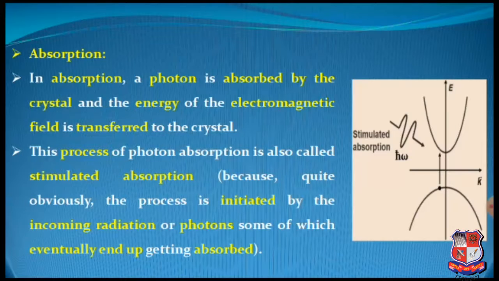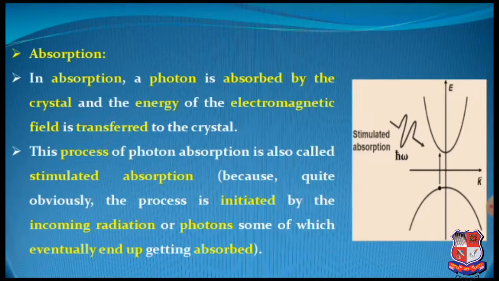Whenever an electron travels from the valence band to the conduction band, remember the material will have the excess amount of energy. This process of photon absorption is also called stimulated absorption. This is very important. The word stimulated absorption is used because the process is initiated by the incoming radiation.